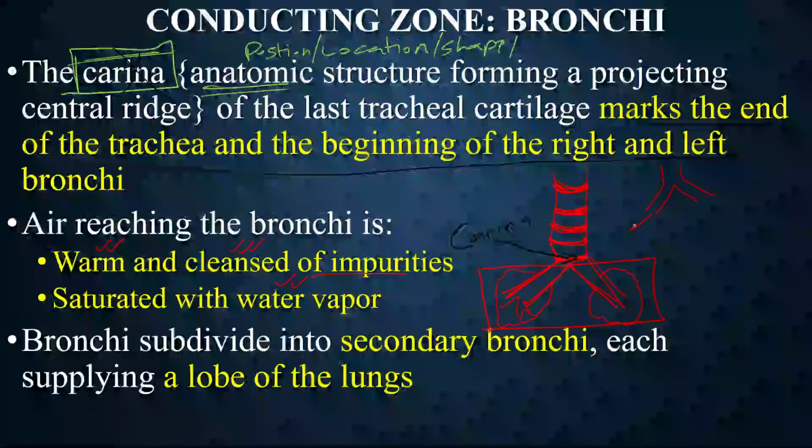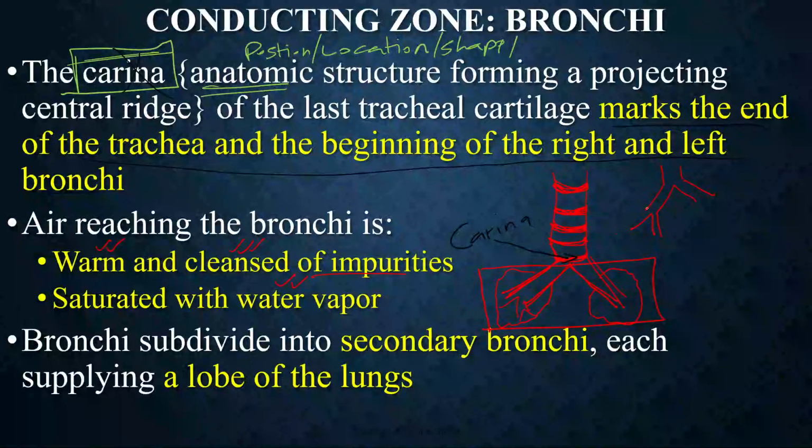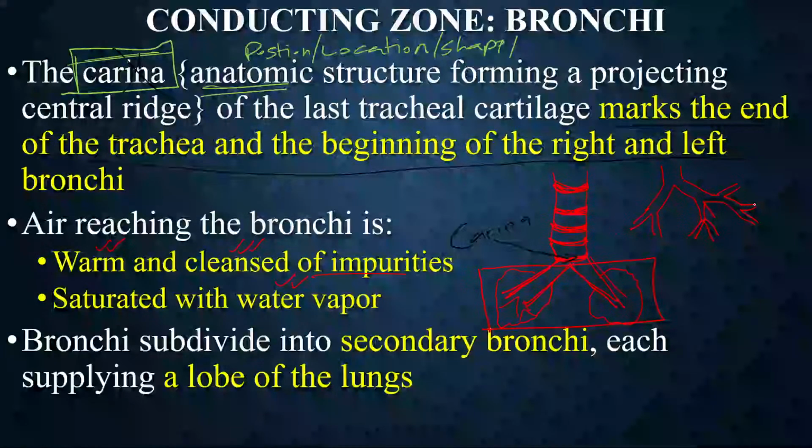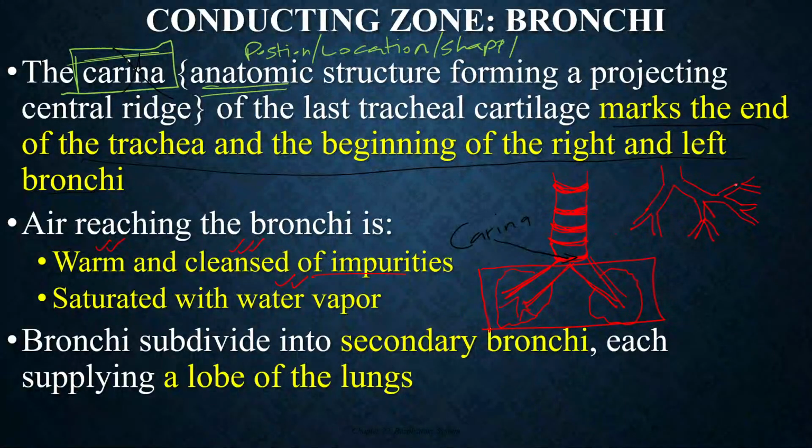So the bronchi divide into other bronchi, and this one as well divides into other bronchi, and so they become several bronchi, more or less like a tree.